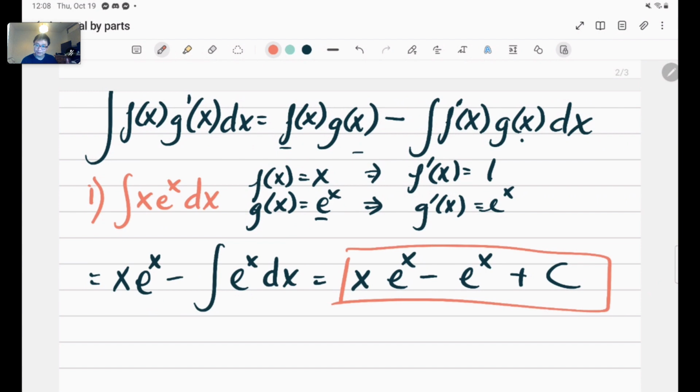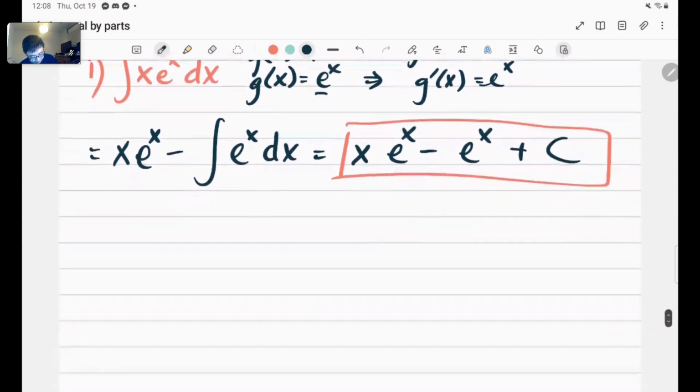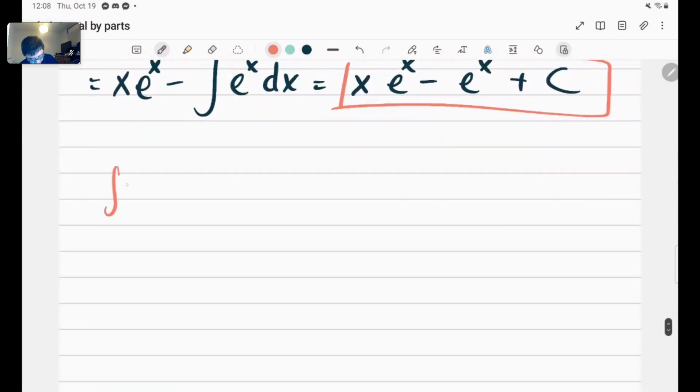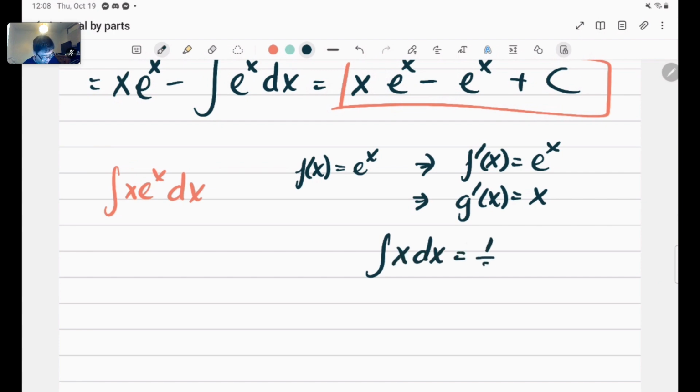Now I'll show you what happens if you flip the two around. Let's say for the same problem, this time you chose f of x equal to e to the power of x and g prime of x equal to x. Let's see what's going to happen. The derivative of f is going to be e to the power of x itself, and g of x, integrating g prime, you should get 1 over 2 times x squared.